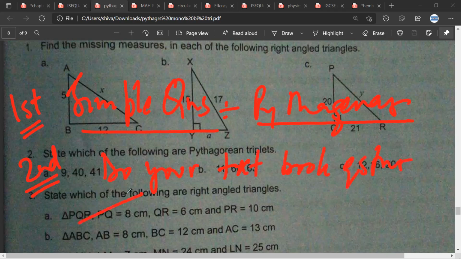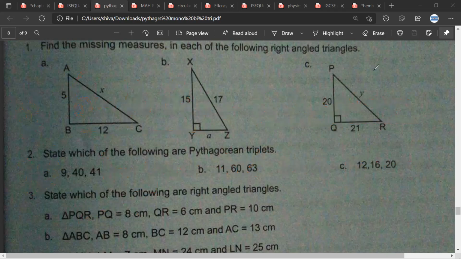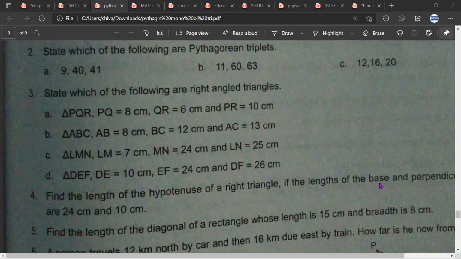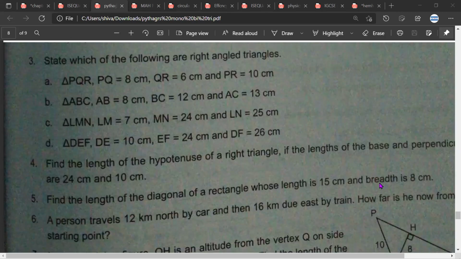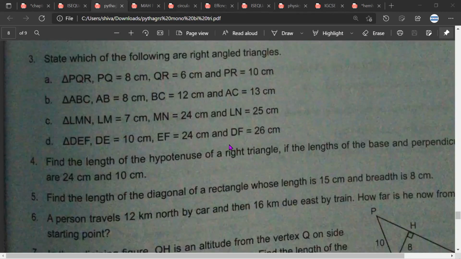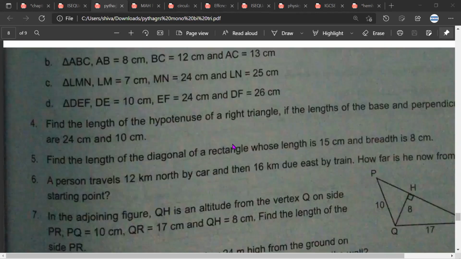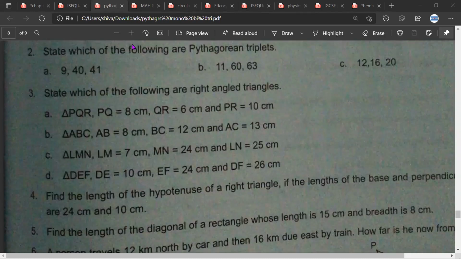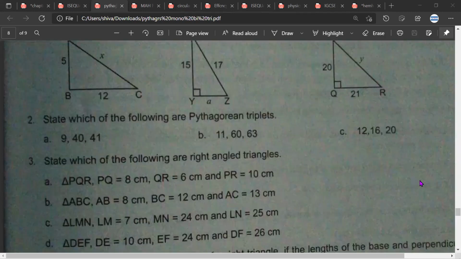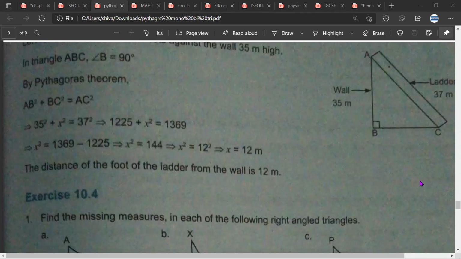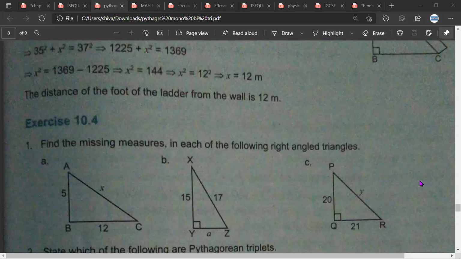Because if you try to do these questions first, you will get confused or at least disheartened. So start with the simple questions. Only then look at these questions. Otherwise, you will get very confused. Any doubt? No, sir. So, ठीक है.